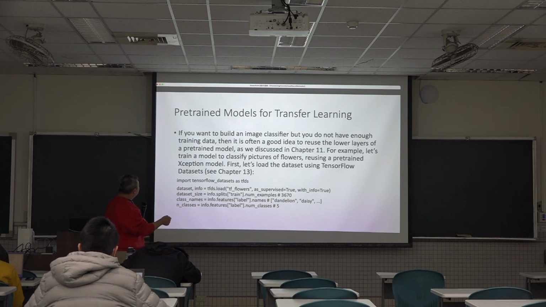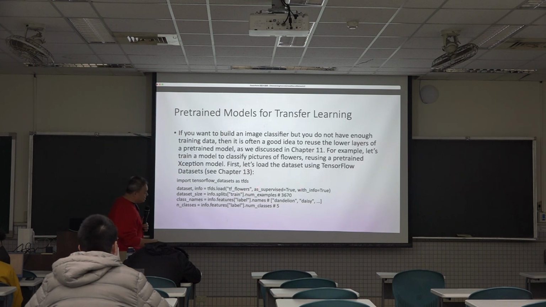So anyway, first, assume we use a flower data set. This flower data set is also available from TensorFlow. So we import this data set as TFDS, and then we get this tf_flowers with as_supervised equal to true.